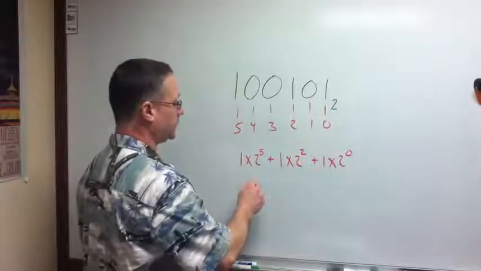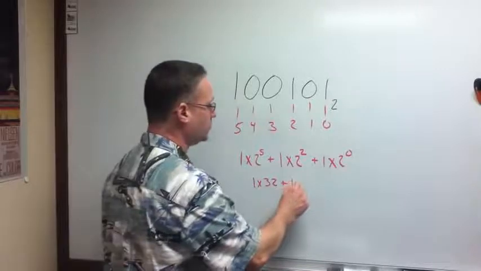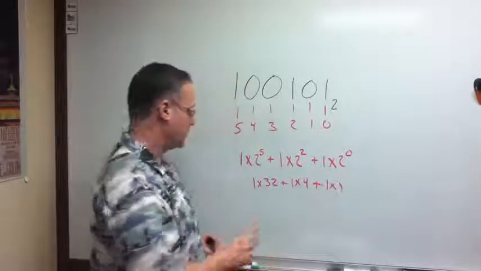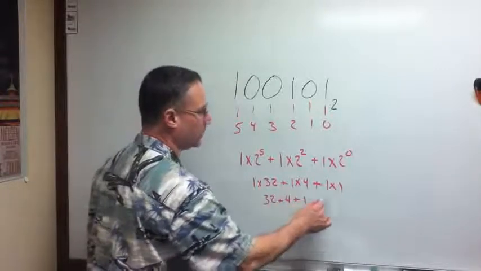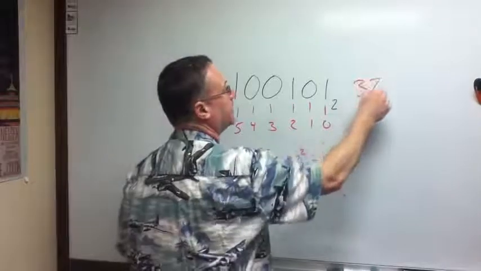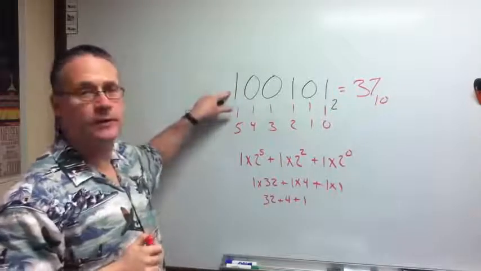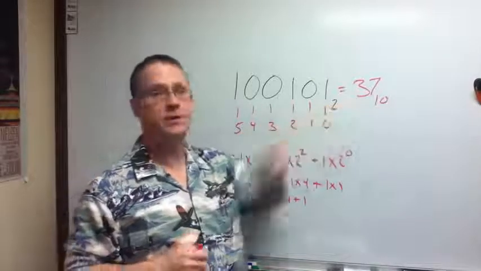All right, so that's 1 times 32 plus 1 times 4 plus 1 times 1, or 32 plus 4 plus 1, or 37. So this number in binary is 37 in decimal.